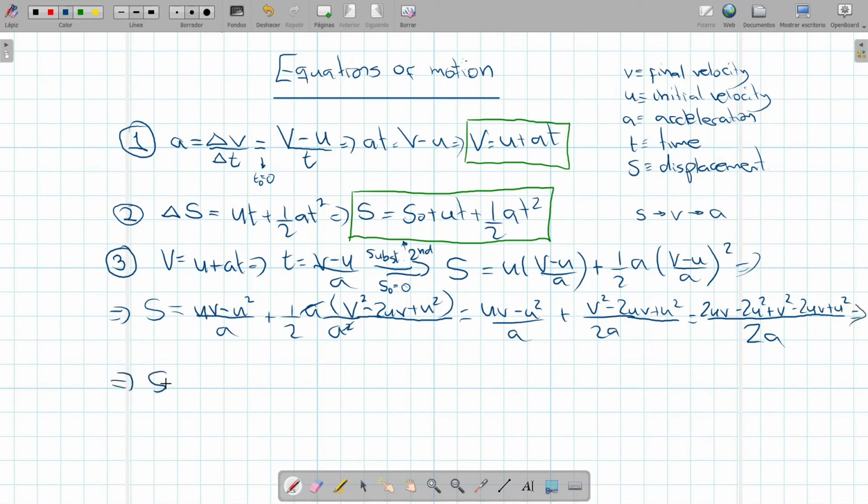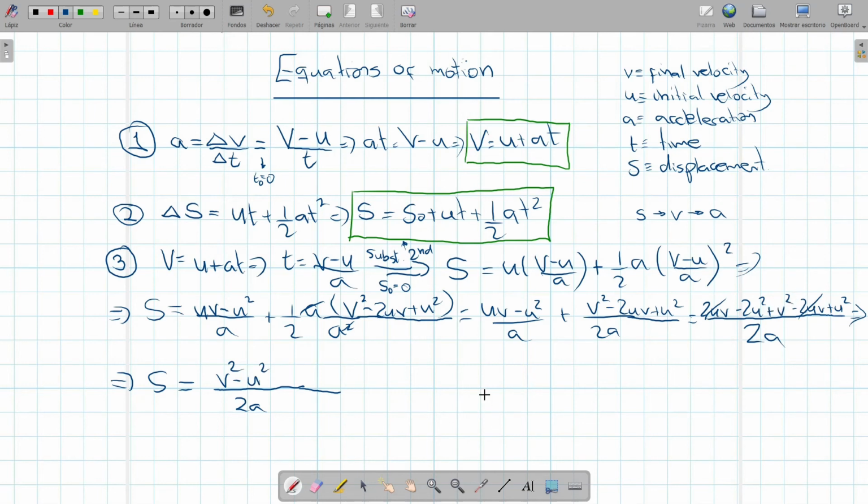Okay, so let us simplify that. If we have s equals the fraction over 2a, and then let's see what we have here. We have a v squared. We have 2uv and minus 2uv, which we can subtract and remove, and we've got minus 2u squared plus u squared. That's a minus u squared.